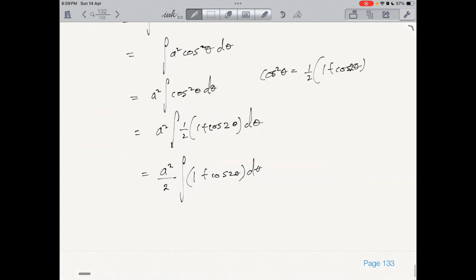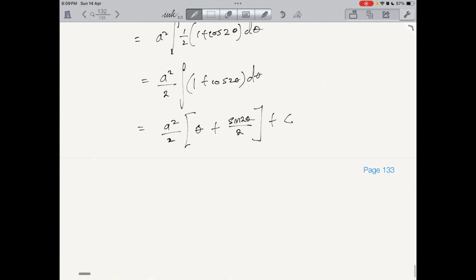Therefore, this becomes a squared over 2 integrating 1 with respect to theta, we have theta, and integrating cos 2 theta, we will have sine 2 theta over 2, plus c. Now, from trigonometry, we understand from the double angle formula that sine 2 theta is 2 sine theta cos theta.